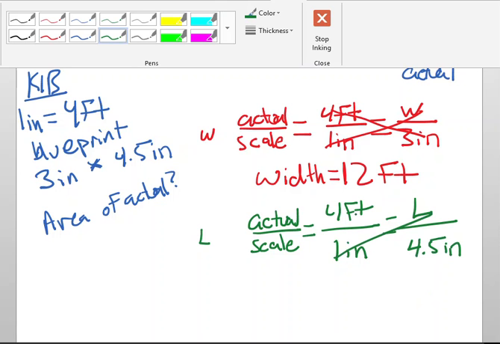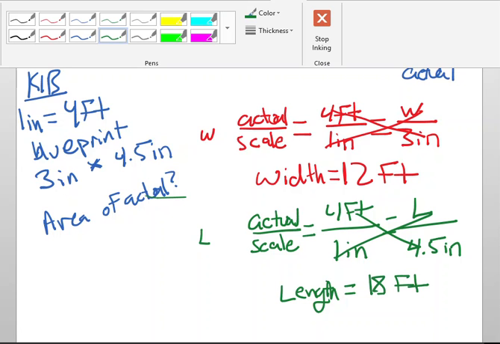Okay, again, I'm going to cross multiply, and I'm going to do 4 times 4.5. Okay, and that gives me 18. So my actual length is equal to 18 feet.